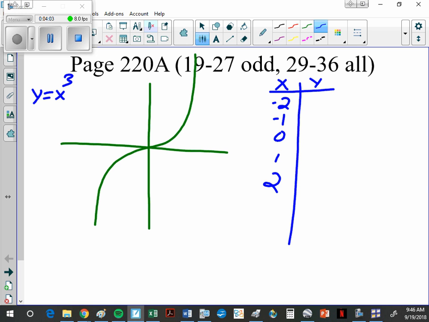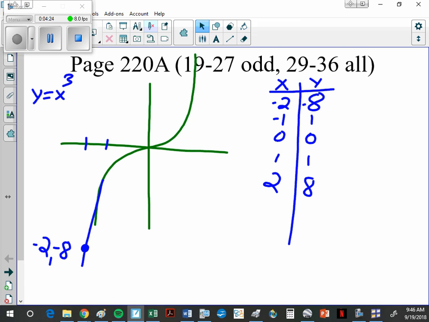I get negative 8. So I get this point, negative 2, comma, negative 8. Okay? And then I could just go down the list: negative 1, 0, 1, and 8.